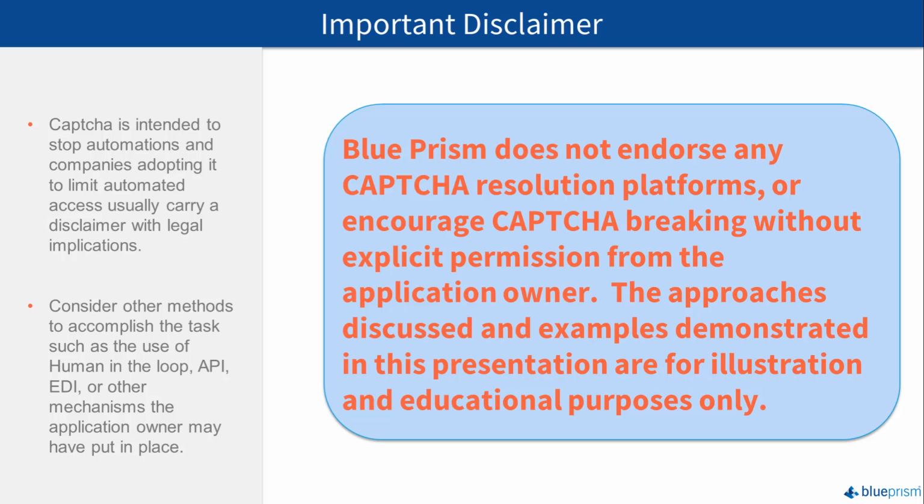Prism does not endorse any captcha resolution platform or encourage captcha breaking without explicit permission from the application owner. And the examples demonstrated in this presentation are for illustration and educational purposes only. Now that we understand that, let's look at some approaches.